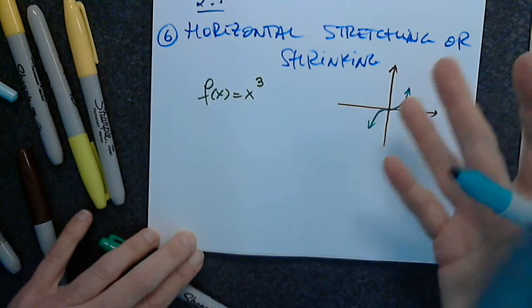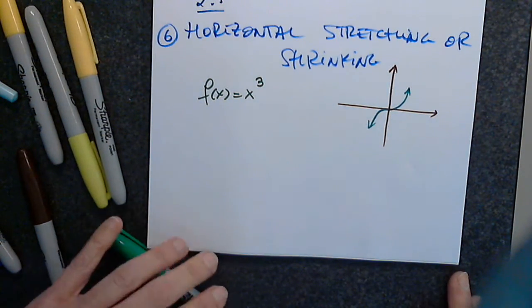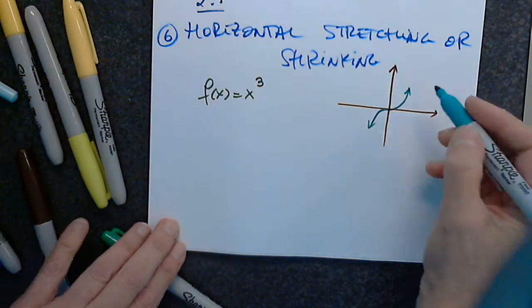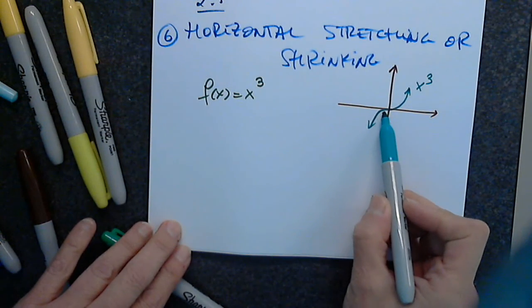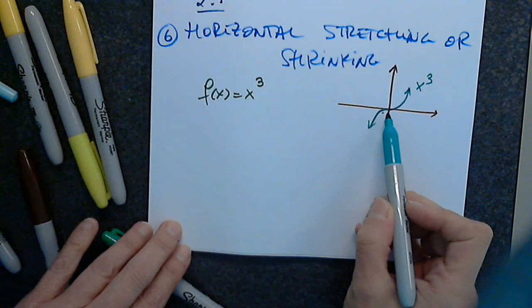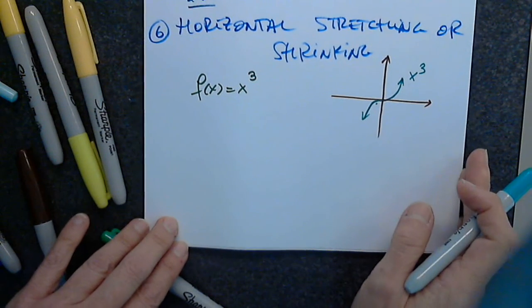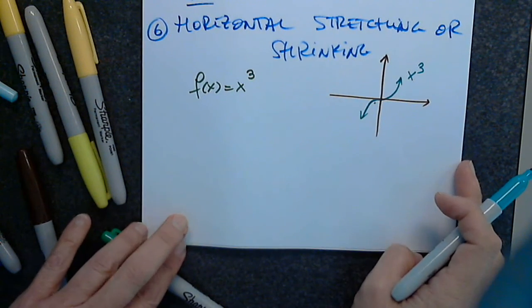Very good, symmetry with respect to the origin. Now, please notice one thing. When I graph x cubed, you see what happens here at the origin? I need this for chapter 3. It's not for now, but I would like you to see it from now.